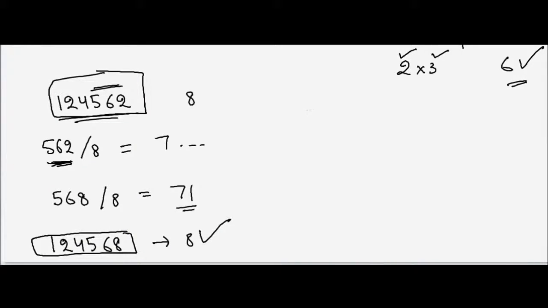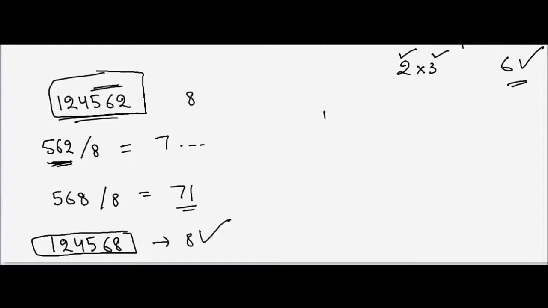Now let's talk about divisibility by 11. I have 124562, and I want to find out whether this number is divisible by 11. What I'll do is take the alternate digits: 1, 4 and 6, and then 2, 5 and 2, and add them together.